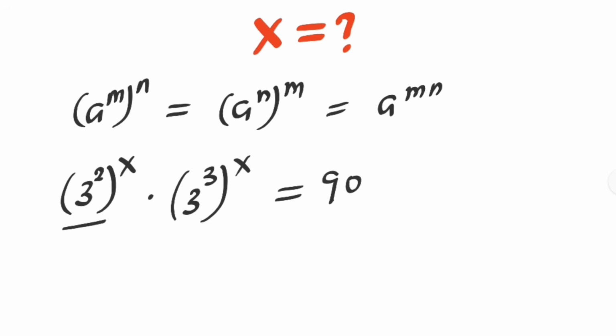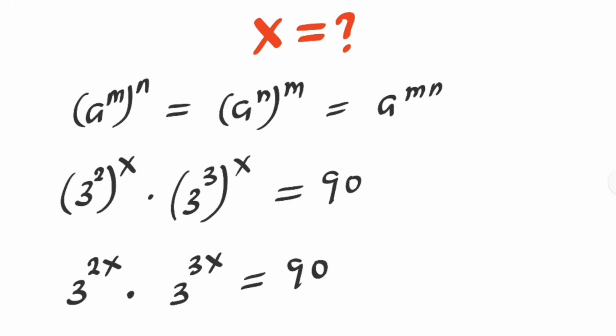This can be written as 3 raised to power 2x multiplied by, this can be written as 3 raised to power 3x, is equal to 90.